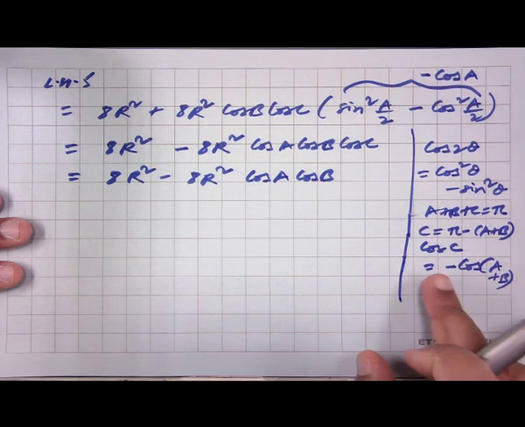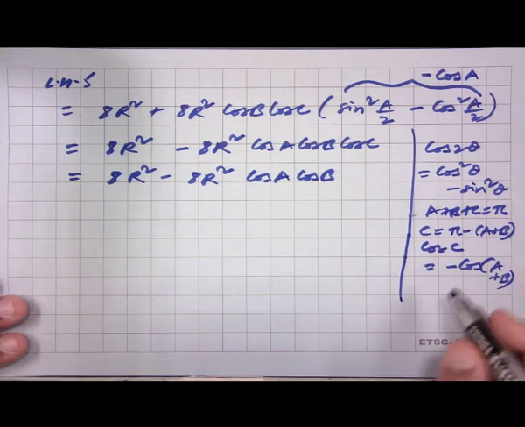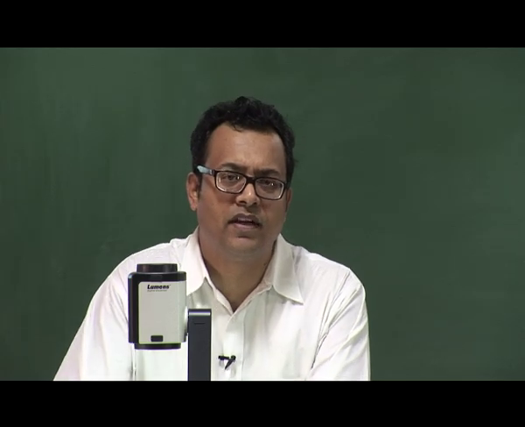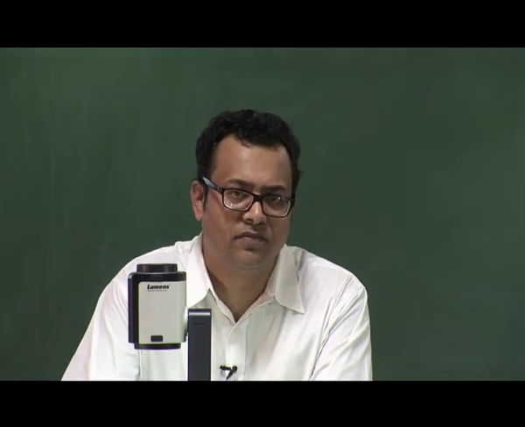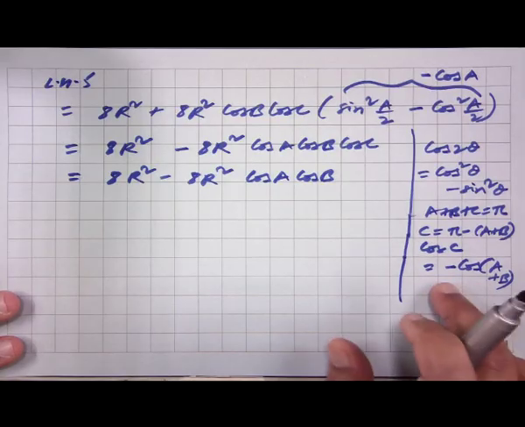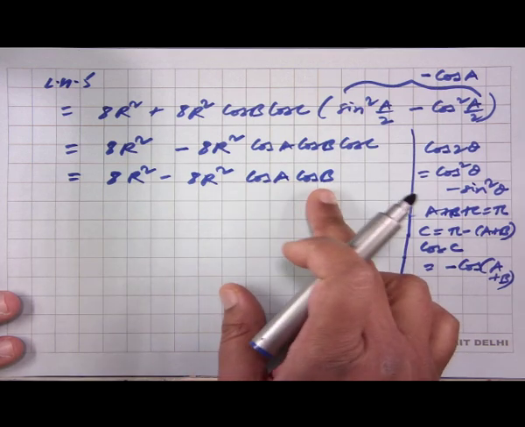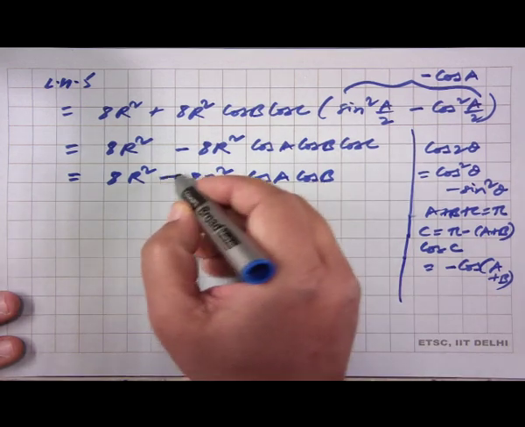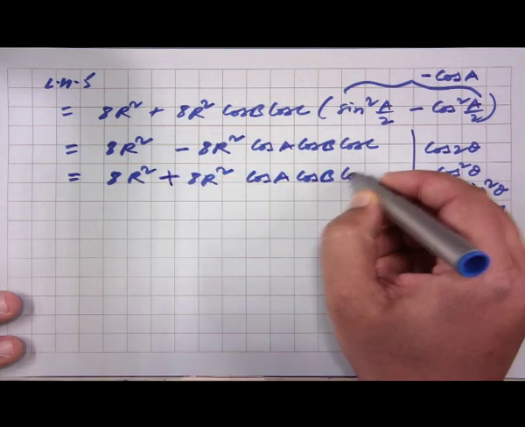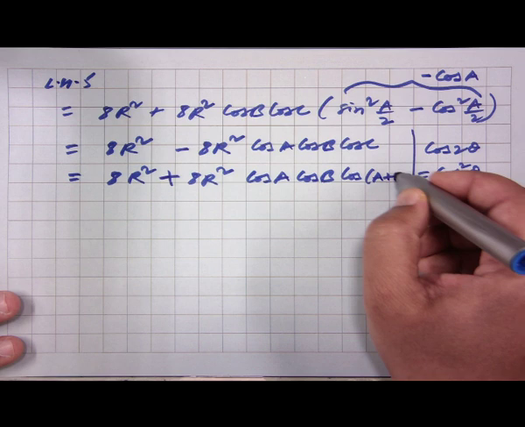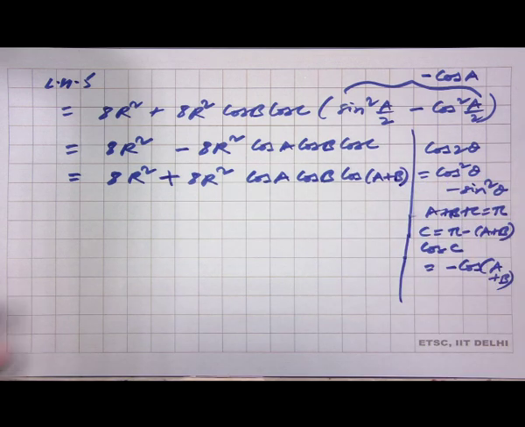Here we have used the result that cos of pi minus theta is equal to minus cos theta for any theta. So if we replace this cos c with this, what we get is a plus sign here and cos of a plus b there.